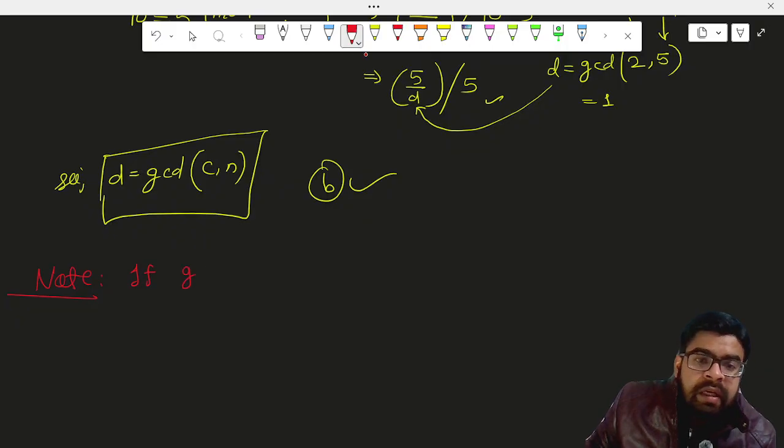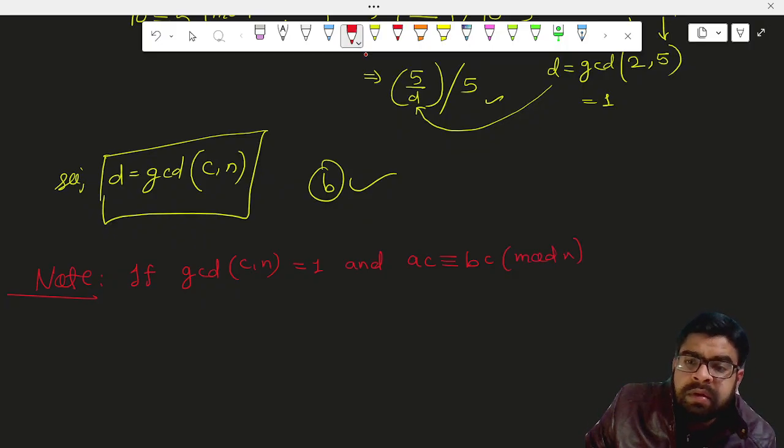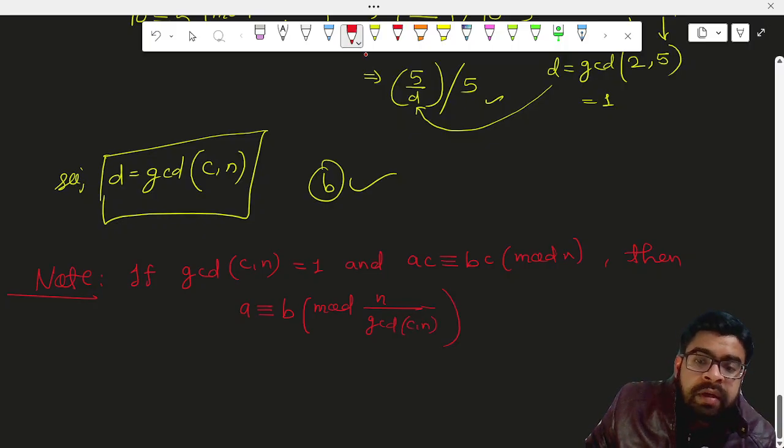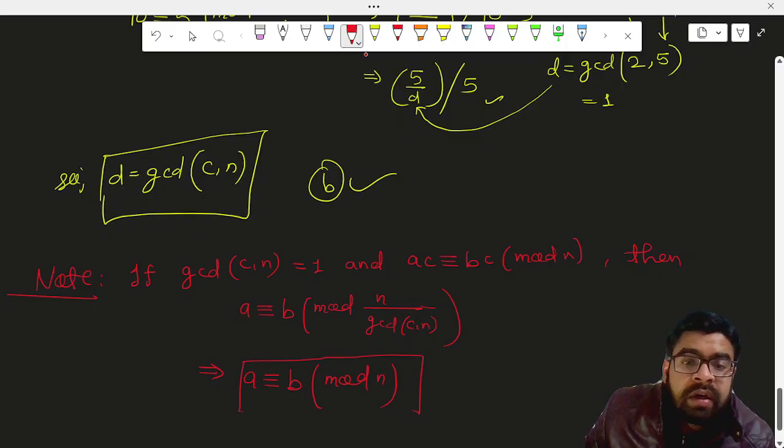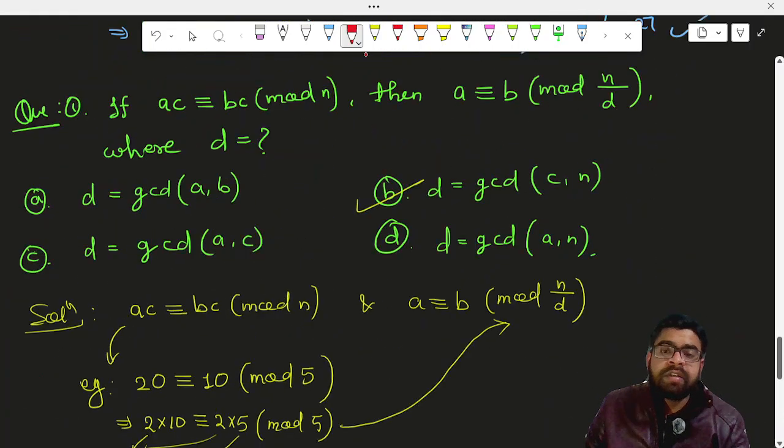If the GCD of C comma n is equal to 1 and AC is congruent to BC modulo n, then in this case we can write down here that A is congruent to B modulo n divided by D, and D is nothing but the GCD of C comma n, and since the value of the GCD of C comma n here is 1, this can be written as A congruent B modulo n.